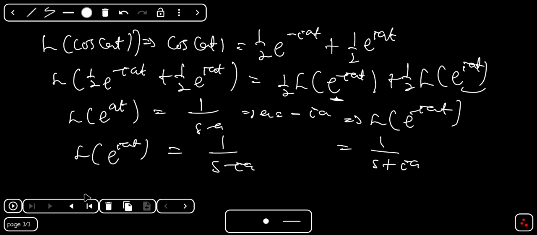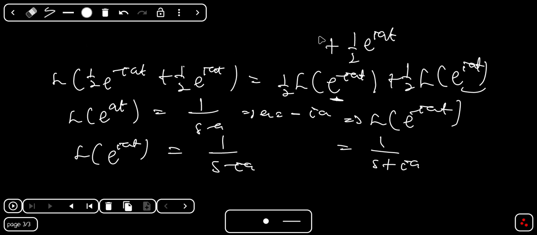All right, so now let's move on. Let me clean some parts here. Okay, guys, we're going to have the Laplace transform of this and this.